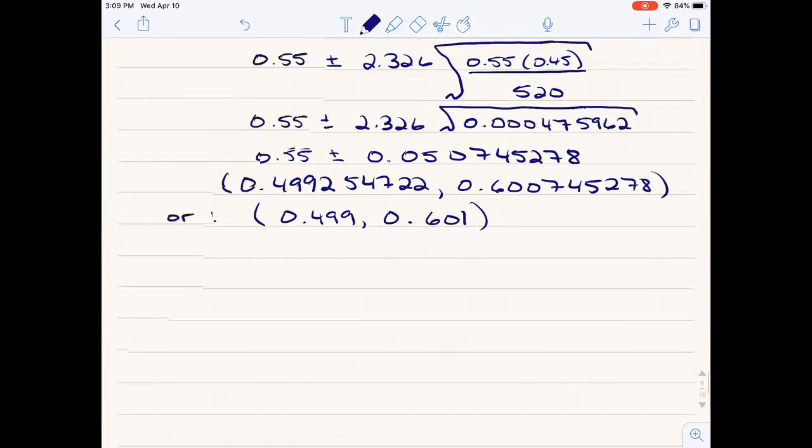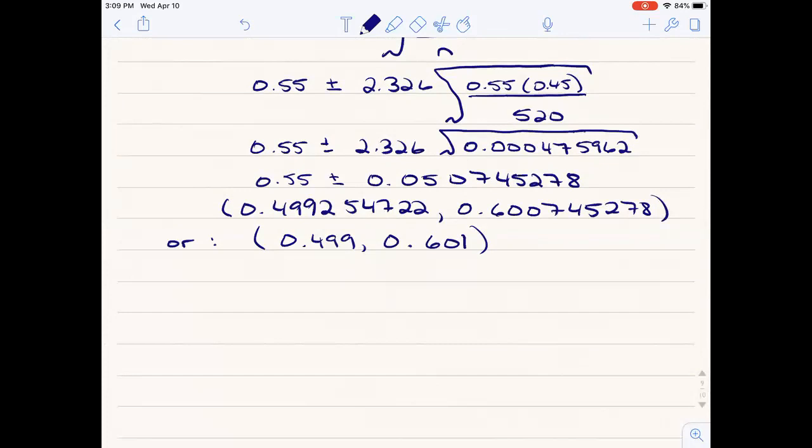We have to interpret this interval. Remember, we're talking about the proportion of judges who are introverts, right?